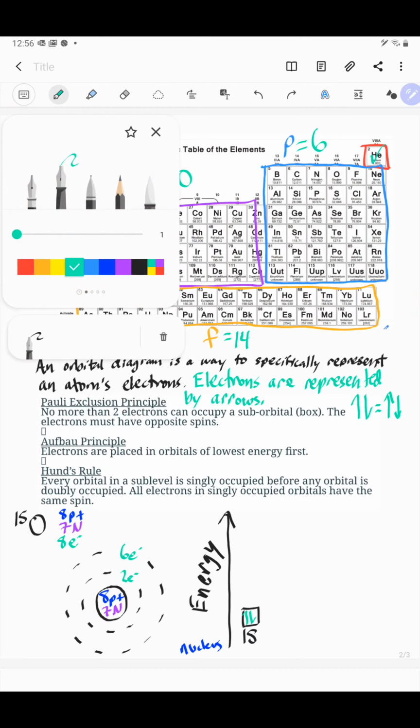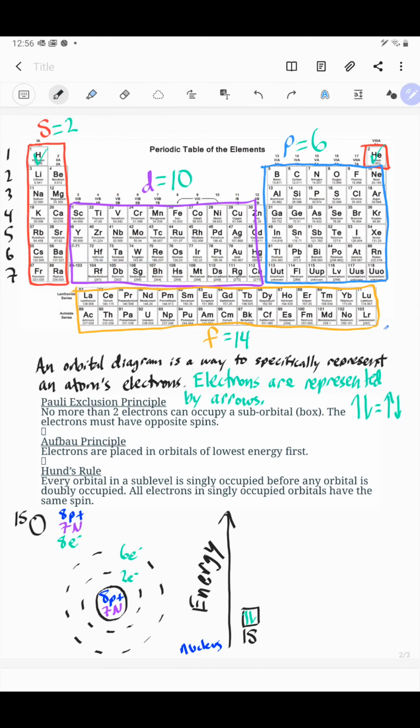So I'm going to draw in another box, and this one is located in a higher energy level. So it is not the first energy level, it is a higher energy level. Just like in our Bohr model, it is located further from the nucleus. And we're going to label this 2s because it is the second energy level and the S orbital.